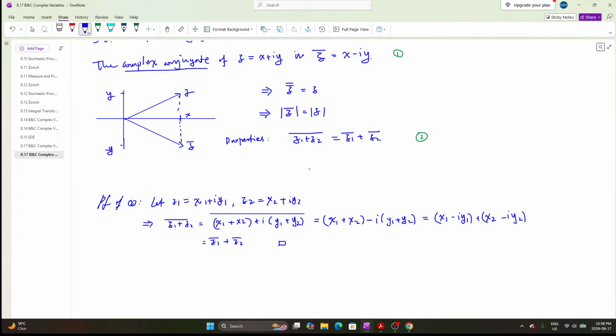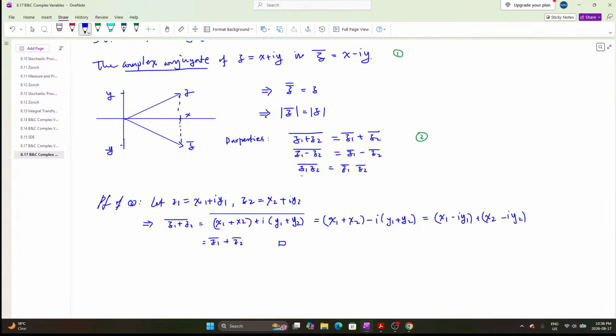So that's equation 2. Equation 3 says you can do this for subtraction as well. That's z1 bar minus z2 bar. And you also have a line breaking property, so to say, for the product: the conjugate of z1 times z2 equals z1 bar times z2 bar.